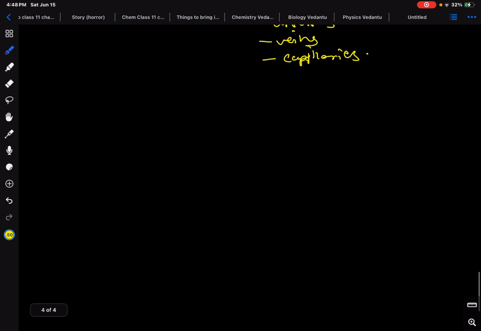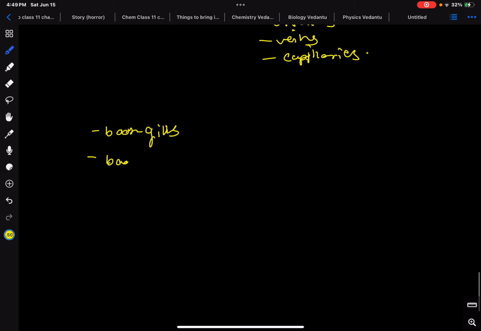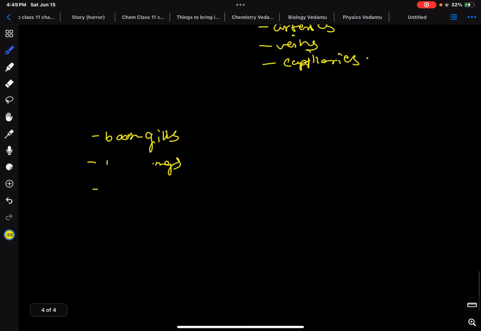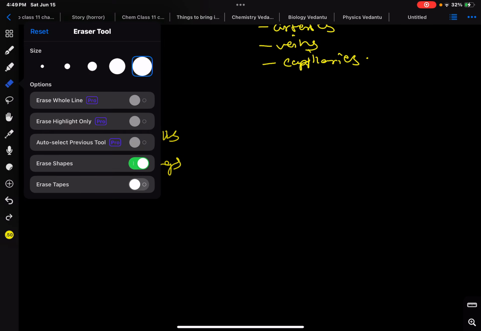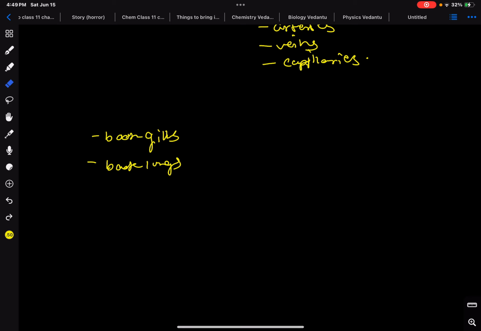So we have book gills, we have book lungs, gills, and we have the tracheal system. So these are the four types.